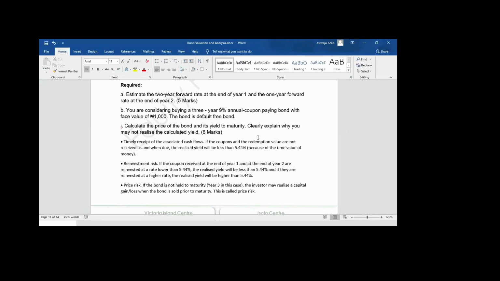That is the government spot yield curve. Because this bond is a default-free bond, if I'm going to discount this bond, I'm going to look for the government spot yield curve. If you recall, we emphasized that the government spot yield curve is the interest rate on government bonds.